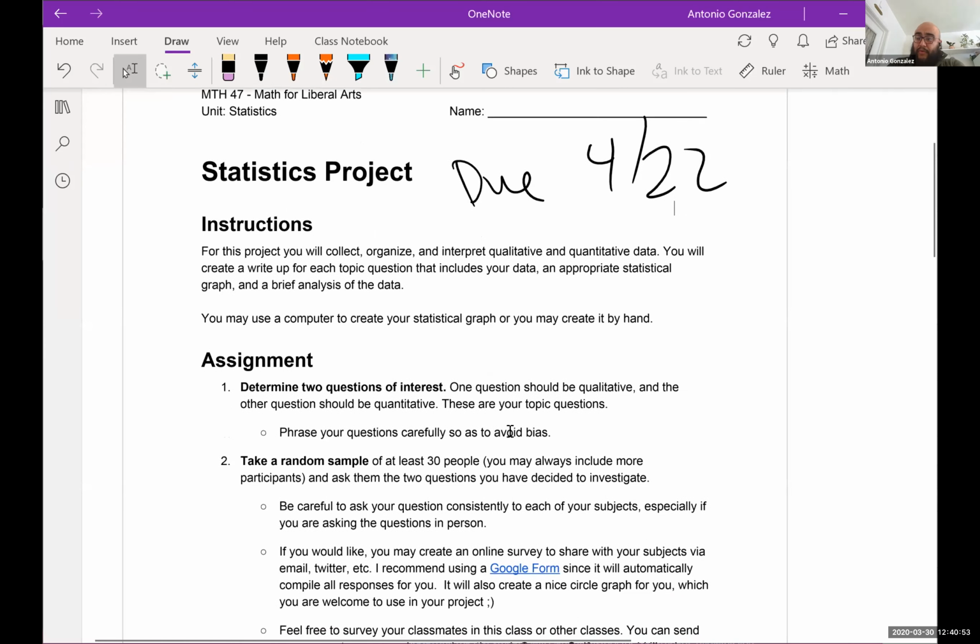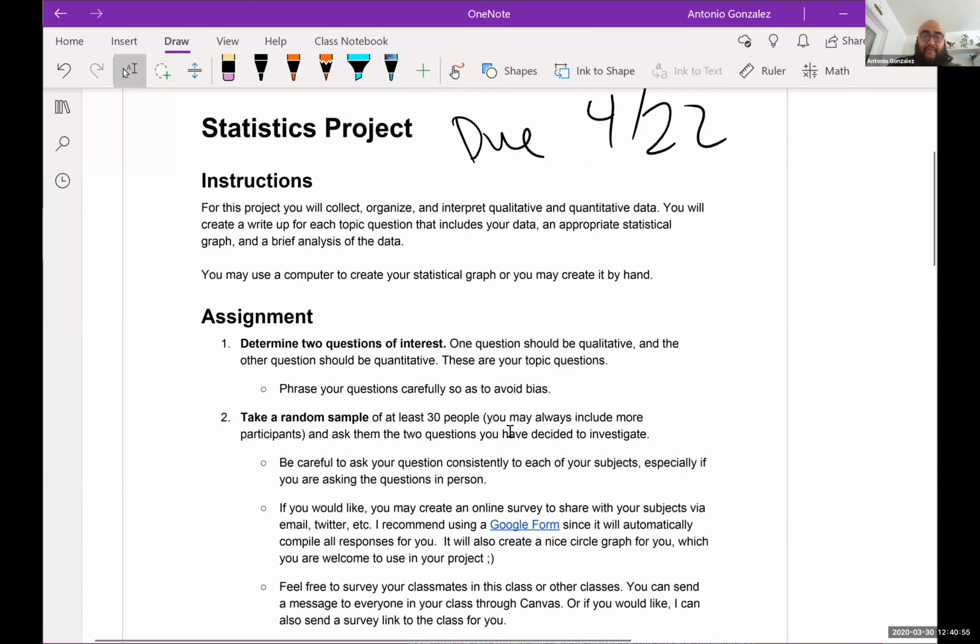The assignment consists of determining 2 questions of interest. These 2 questions are any questions that you want to ask. You're going to be taking a survey of at least 30 people.